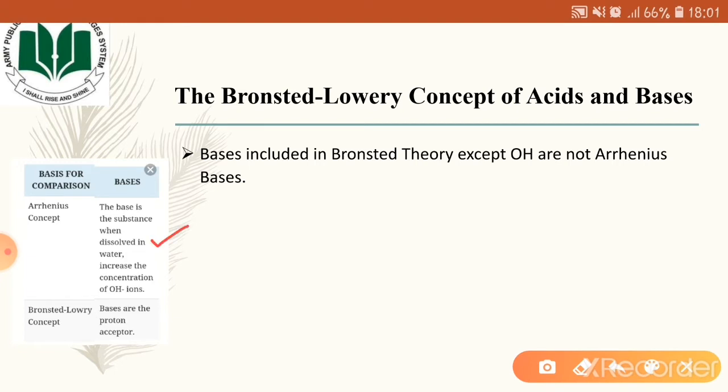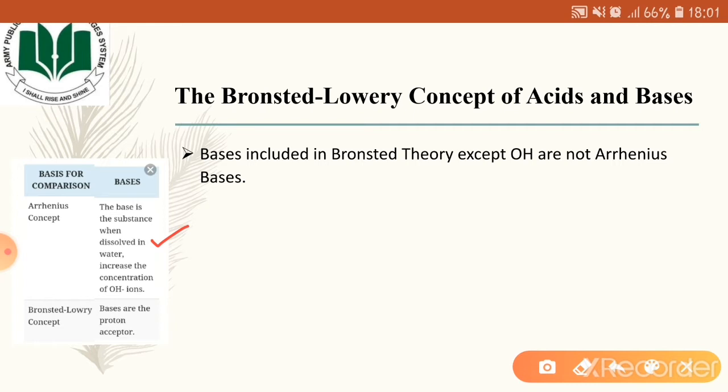In the Arrhenius concept, a base is a substance that, when dissolved in water, increases the concentration of hydroxide ion. This means that for Arrhenius bases, the substance should generate hydroxide ion, which means the substance should have OH in it.